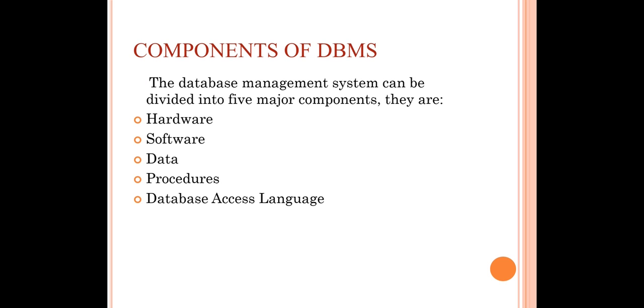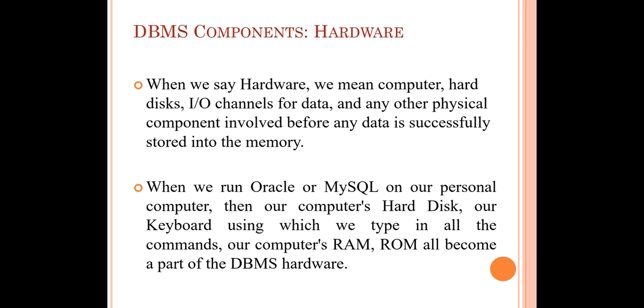Next, we will discuss the different components of DBMS. Database management system can be divided into 5 major components. They are hardware, software, data, procedure, and database access language. So first we will discuss hardware.